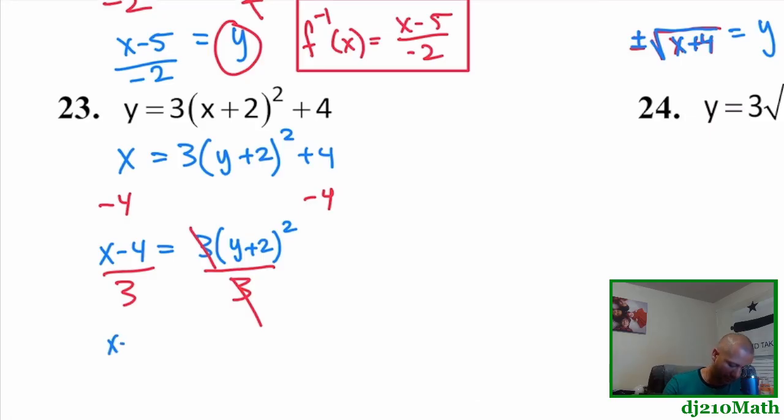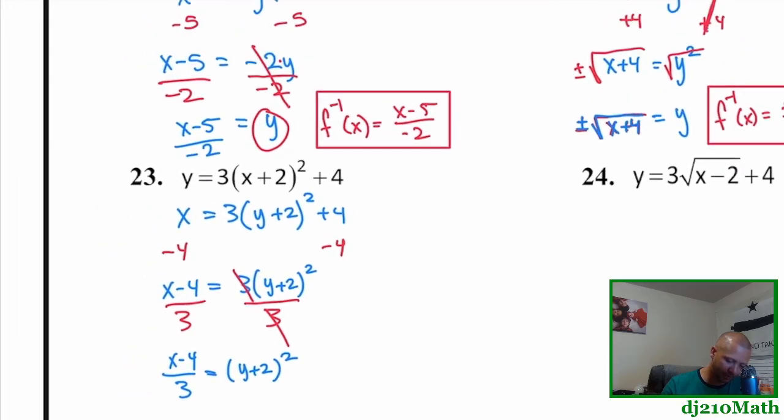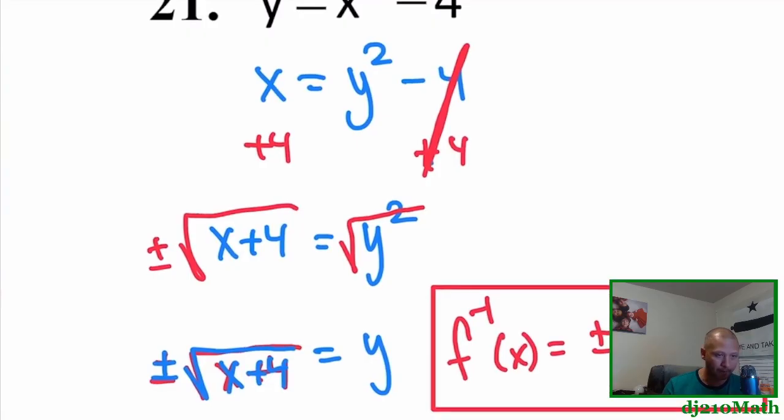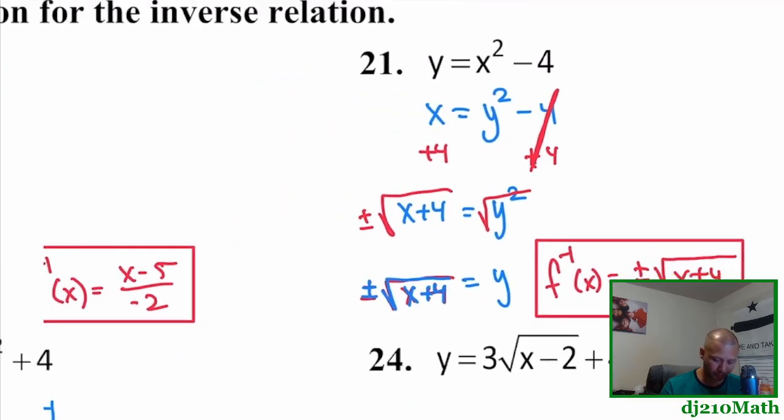So we have x minus 4, all divided by 3, is equal to y plus 2 squared. Notice we're slowly chipping away and getting to the y. This is exactly the step that we did here. Undo a square, take a square root.